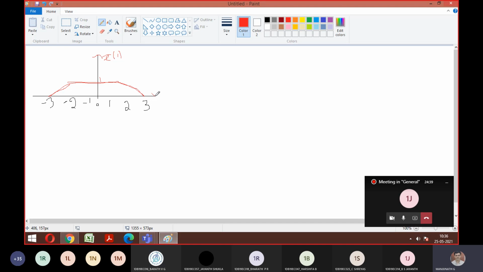Is it like a trapezoidal waveform? Yes, sir. Okay, so this is the given question, guys. You are supposed to find the energy stored in this given waveform. So it is a trapezoid. Now, what is the thing you are going to find? That is the first task. It's a 6 marks question.